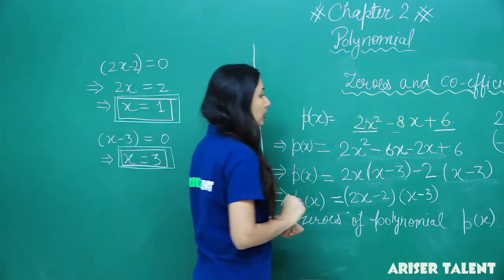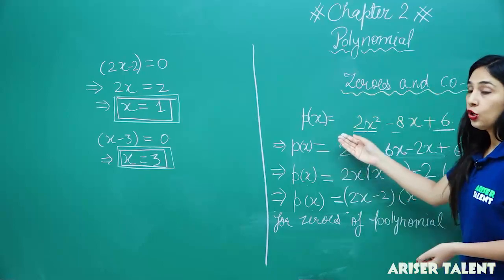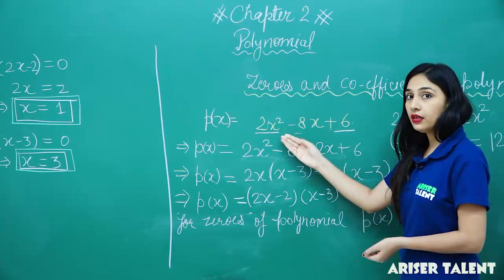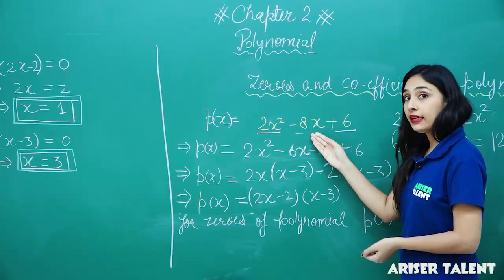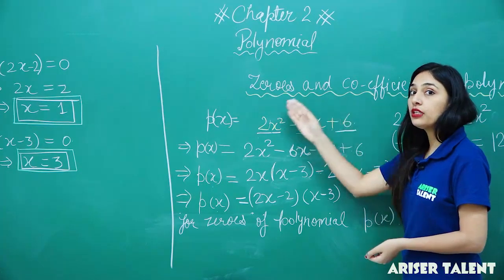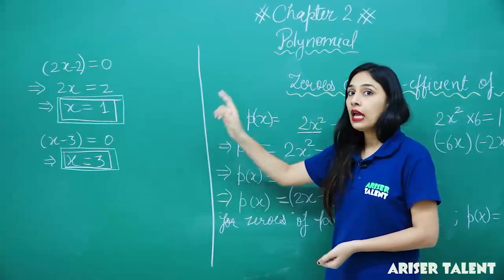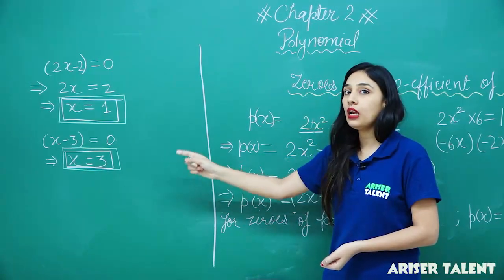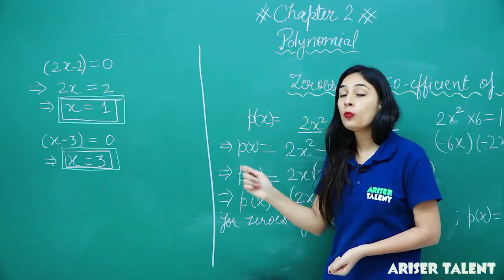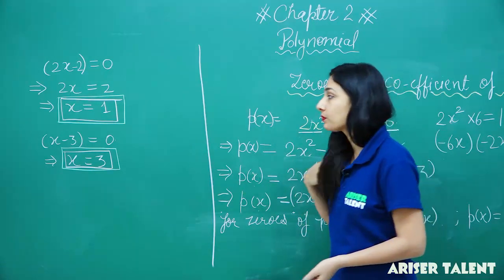Now what do you conclude? That for p(x) equals 2x square minus 8x plus 6, x equals 1 and x equals 3 are what? Zeros of the polynomial.